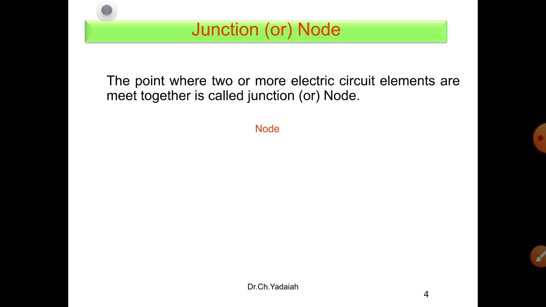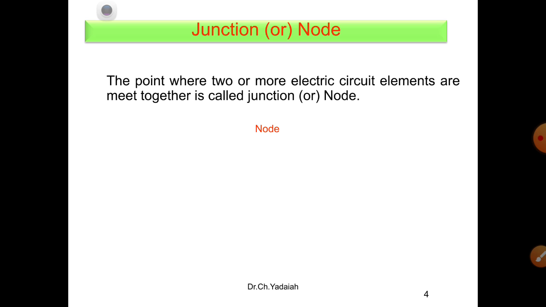Now, what do you mean by the junction? Last class we have seen our electrical network consists of different electrical circuits. The electrical circuits consist of a number of passive circuits and active circuits. What do you mean by a passive circuit? The circuit which has only passive elements.